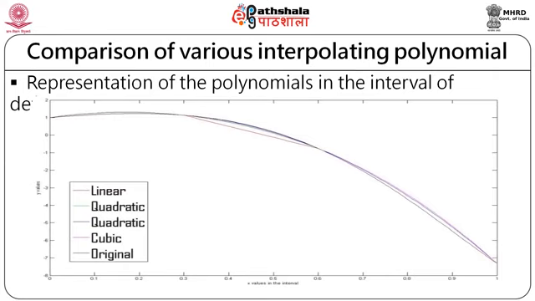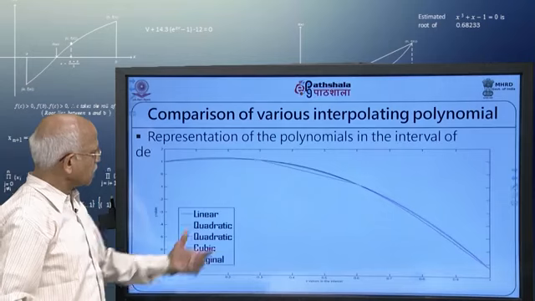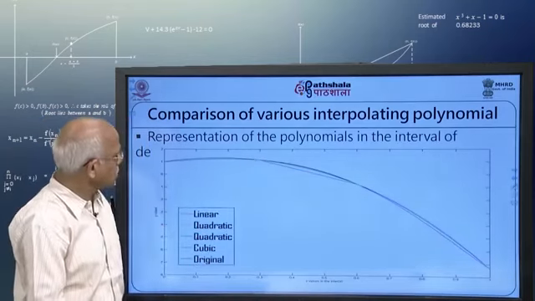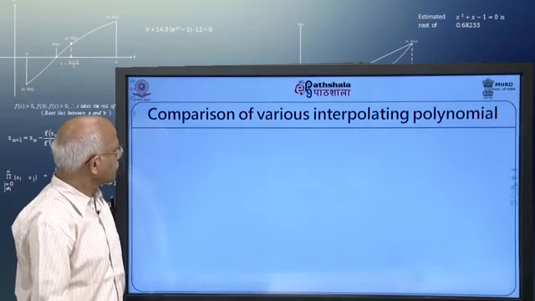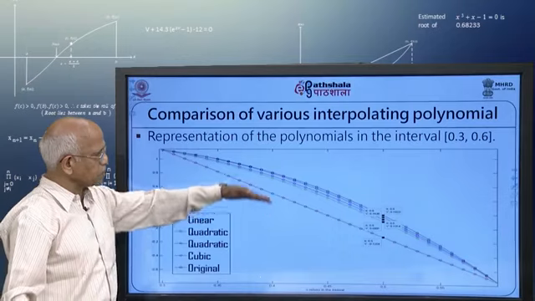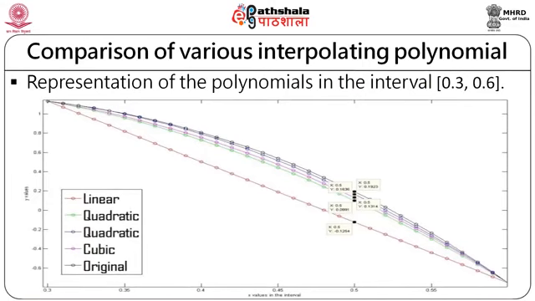All the comparisons are given over the whole interval, but we can look at a small interval where all 4 polynomials are available, and that will give me a better idea of how these values compare with each other. And these are the 4 estimates that I get for the given value. So, this is linear, quadratic, another quadratic, cubic and the original function. These are the various values we are getting.